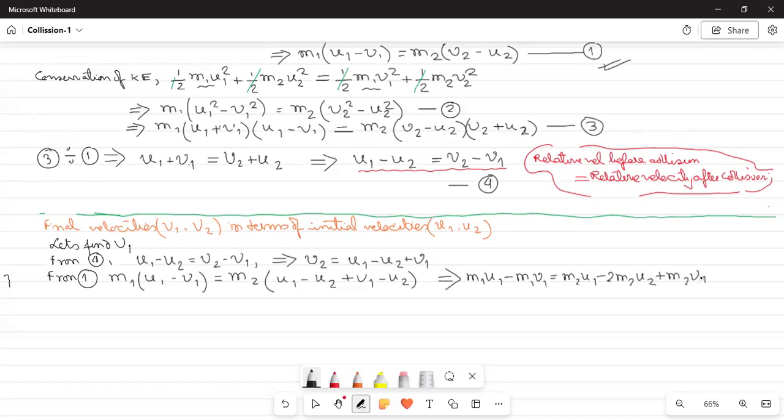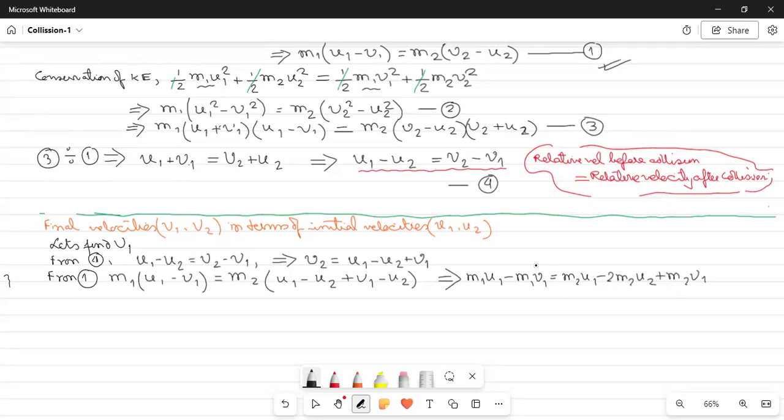What we get here. So since we are trying to find out v1, bring all v1 on the left-hand side. So here I have minus m1 v1, and here I have m2 v1.